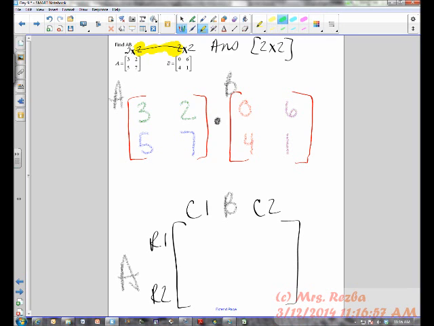I kept the row size from matrix A, and I kept the column size from matrix B. So now I'm looking at spots. If I'm looking at the rows in my new matrix, I want to think of A. If I'm looking at the columns in my new matrix, I want to think of B. So here I want row 1, column 1. That's going to be my red-green combination. That's what I want to think of for this first spot right here.